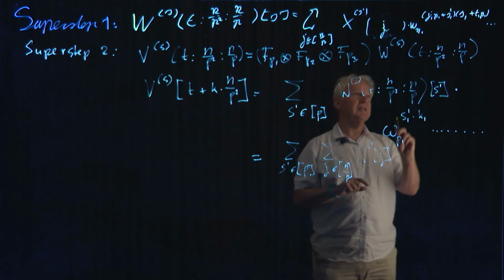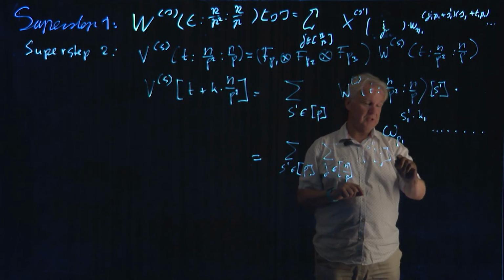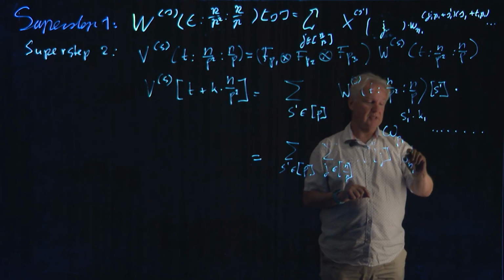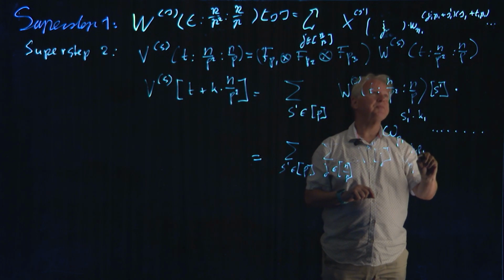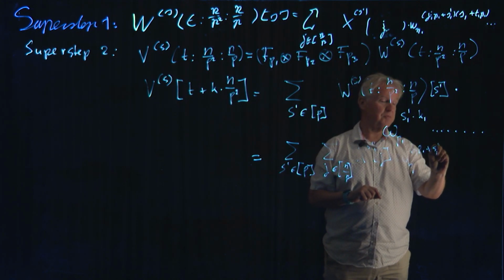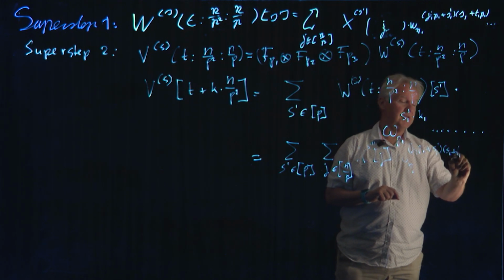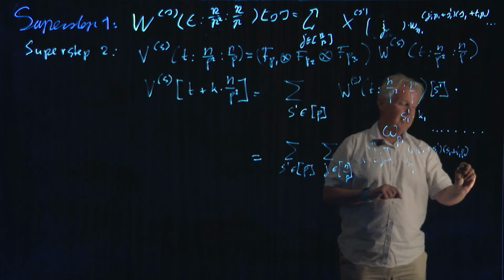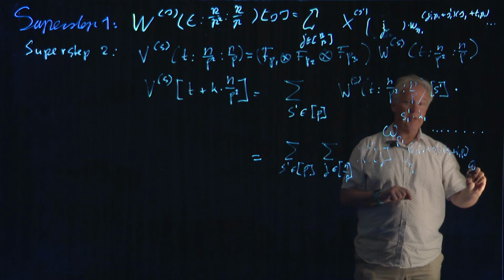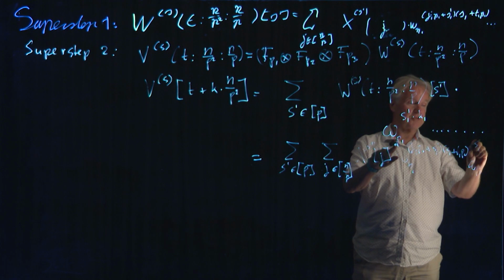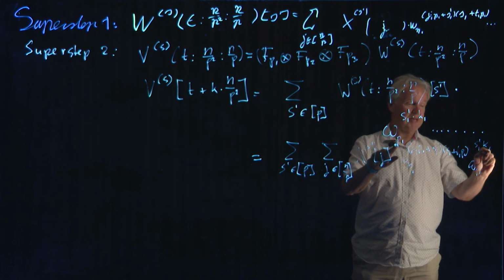And then we get a long term, we'll just copy it: omega N1 to the power J1 P1 plus S1 prime, S1 plus T1 P1, and then we have an omega P1 to the power S1 prime K1.